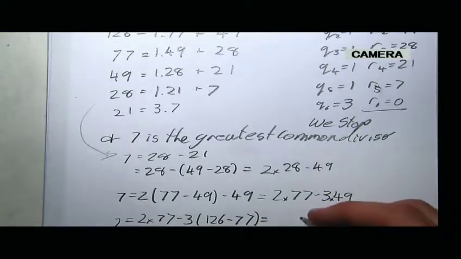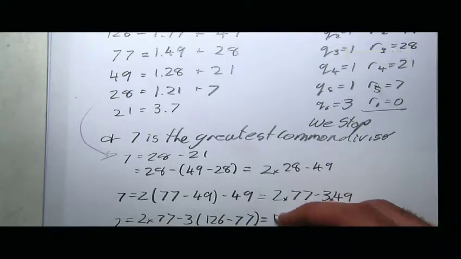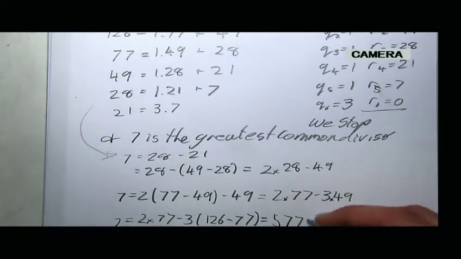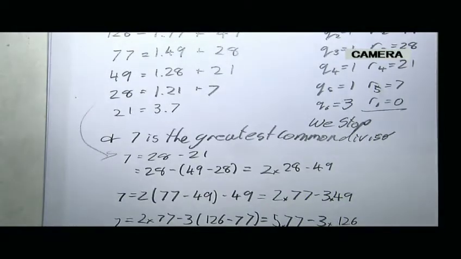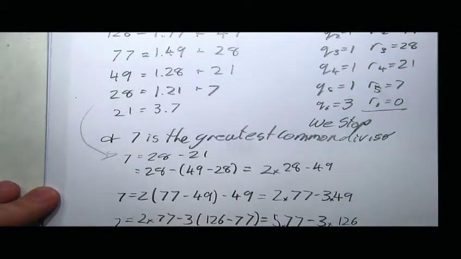So I've got 2 by 77 plus 3 by 77, so that's going to be 5 by 77 minus 3 by 126. The very last one that I can do this for: 77 is equal to 329 minus 2 lots of 126. So this is going to be equal to 5 by 329 minus 2 by 126. Whoops, sorry.